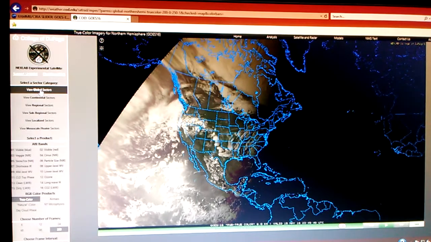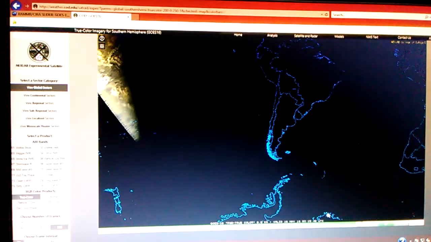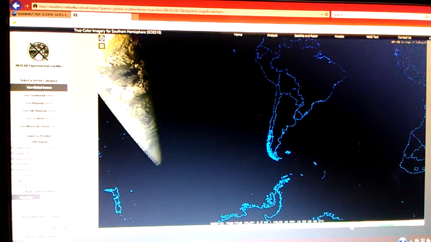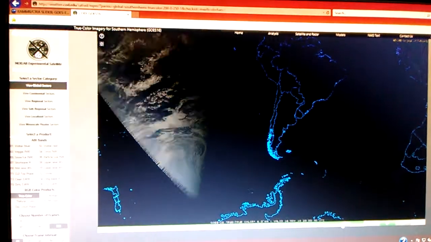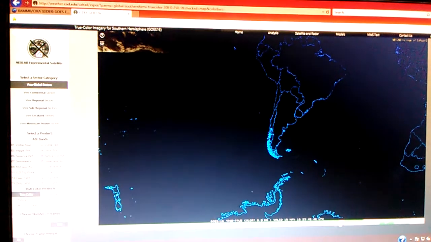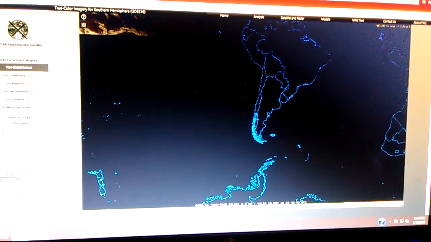So that's definite red hue. Let's go back to the southern hemisphere. 23:45. Oh yeah. Okay, you can see the red hue, and we can see the rest of the hemisphere is blacked out.